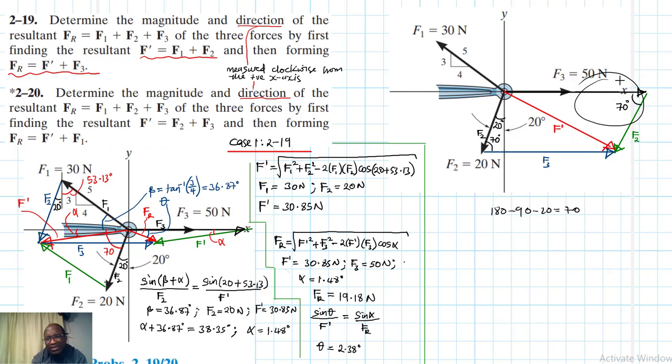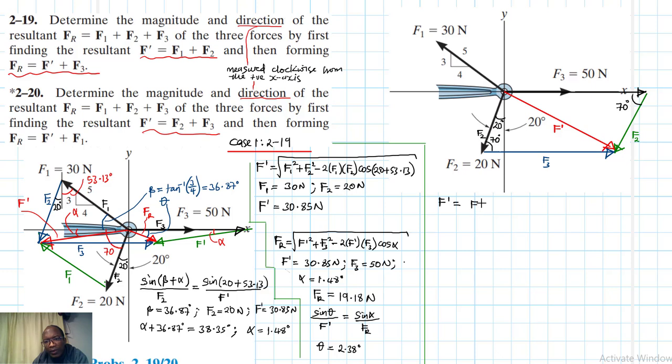They are the same. So let's start working out. We'll need to find F prime using the cosine law. So F prime is equal to F2. Mind you, this is the first case, where we are adding F2 plus F3. That's what we are told.